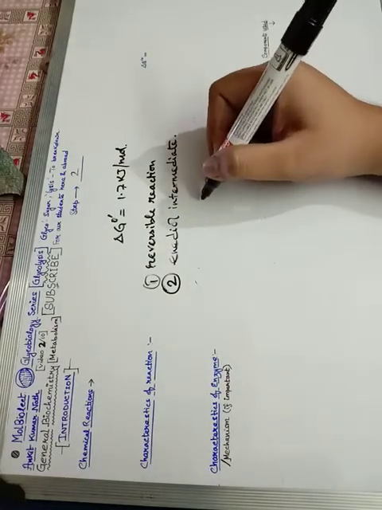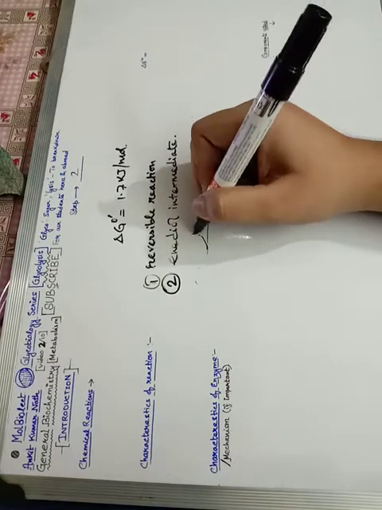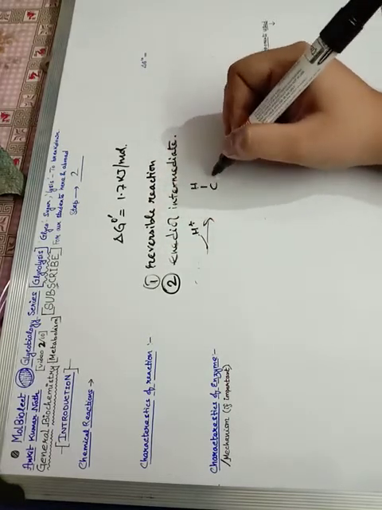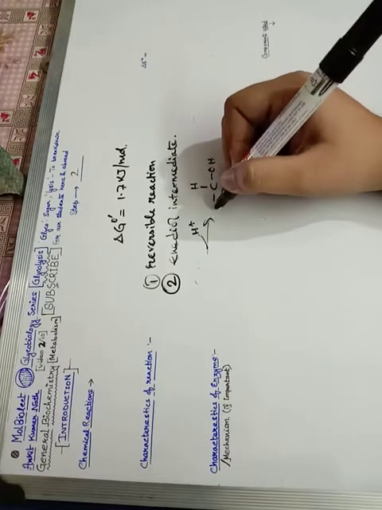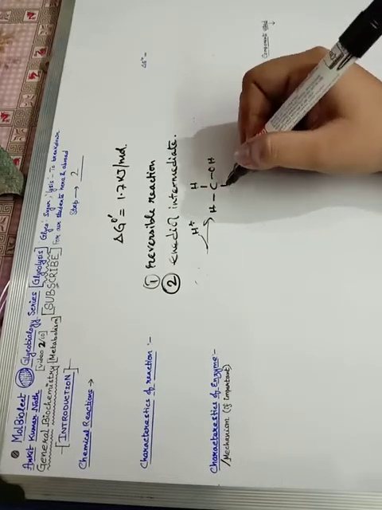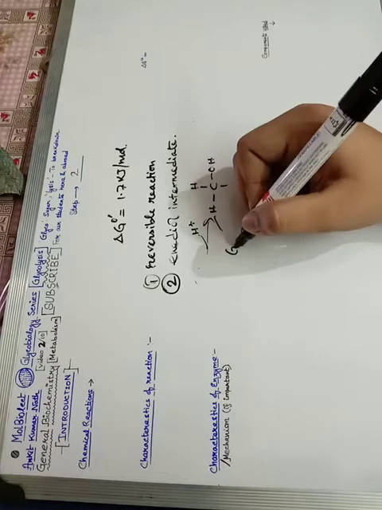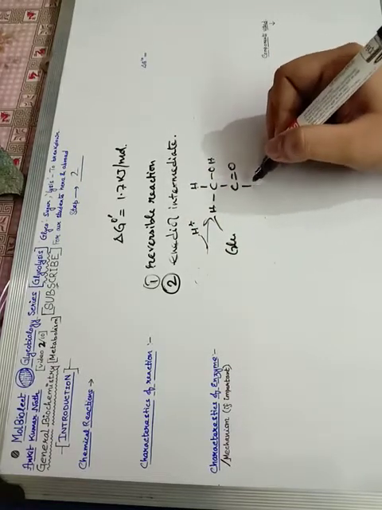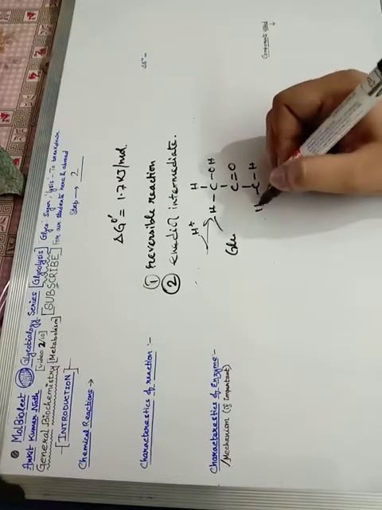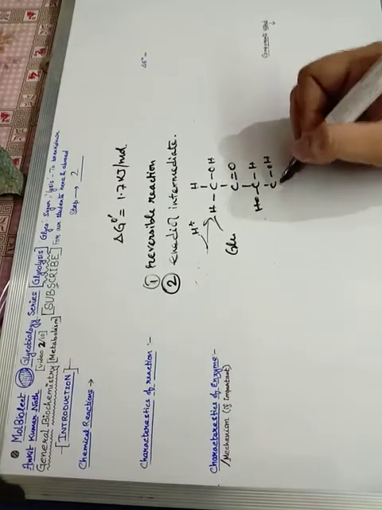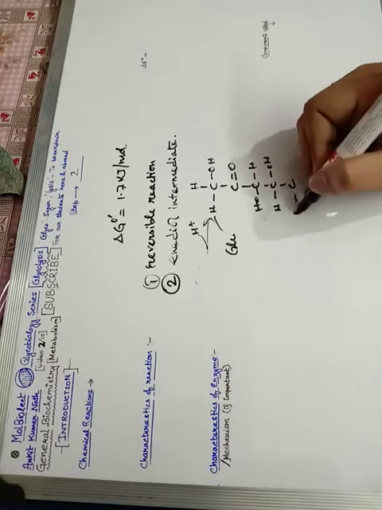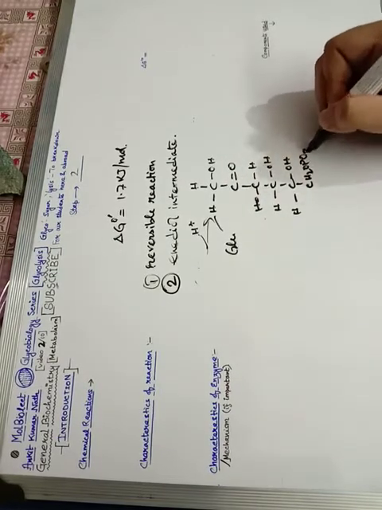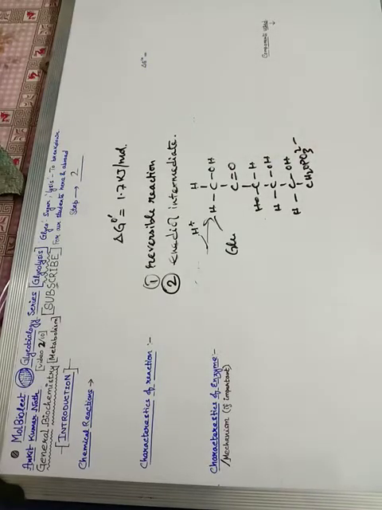After the H plus was given out, it is converted to something like this. This H will be attached to the glutamine residue. Here will be C double bond O. This part is the same. So this is how it happens.